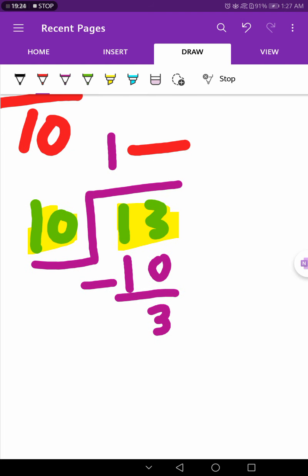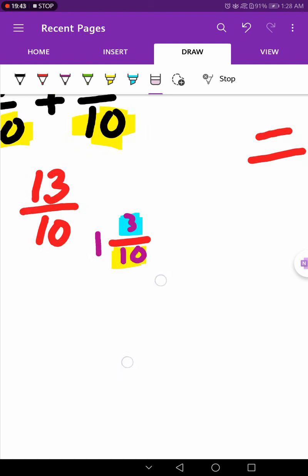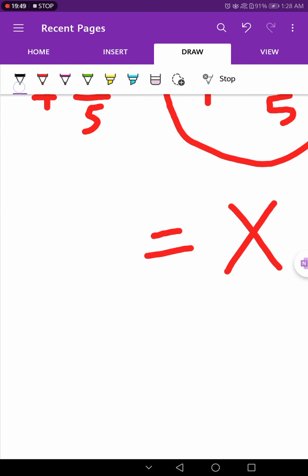Okay, my dear students, the yellow is down, this one, and the blue is up. The 10 is down and the 3 is up. So the answer is 1 and 3 over 10. So x equals 1 and 3 over 10.